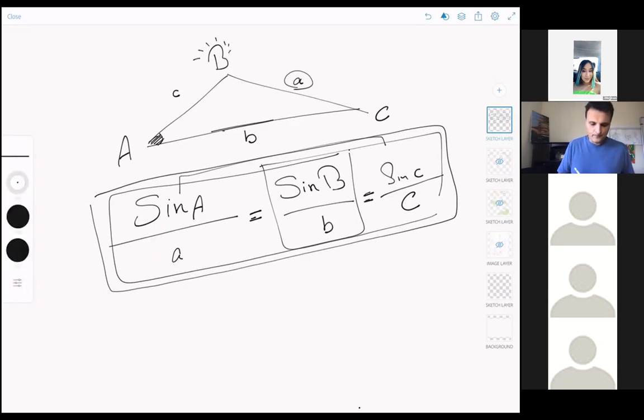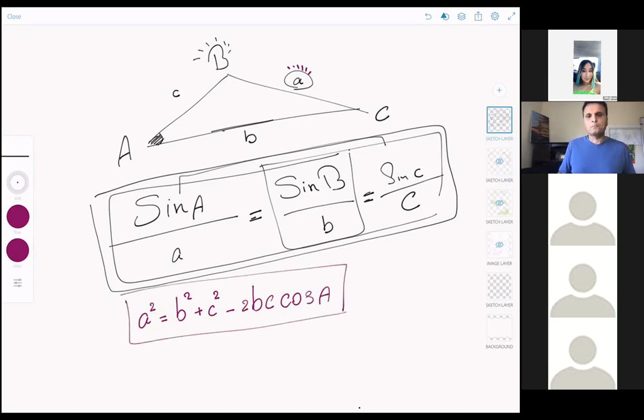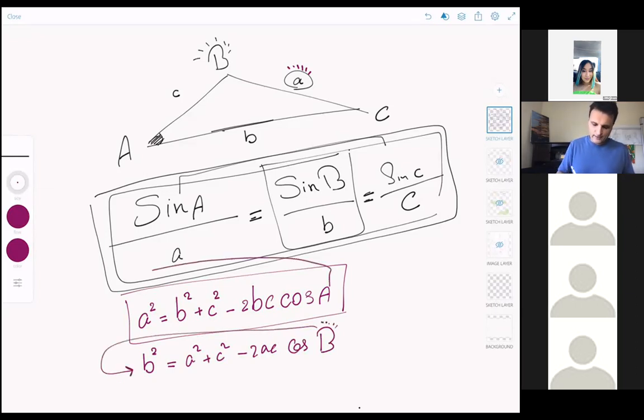Law of cosine is like a squared, this length squared, equals b squared plus c squared, almost the same as Pythagorean, but minus 2bc cosine of A. We can also write it for other sides: b squared equals a squared plus c squared minus 2ac cosine of B. So this b here is related to the length at the beginning, this a related to this a.